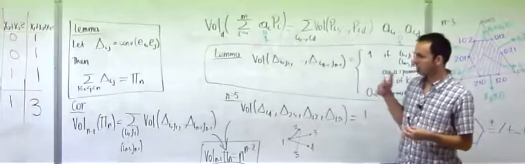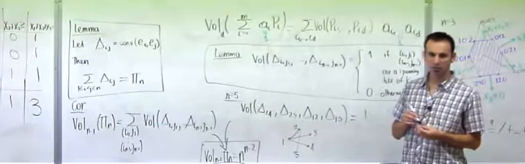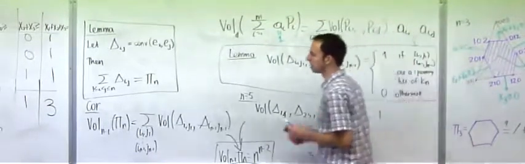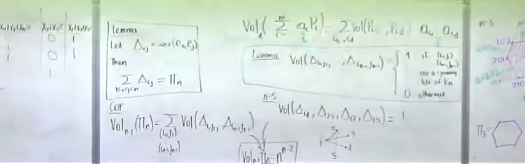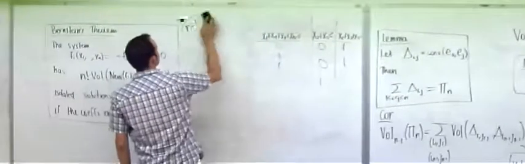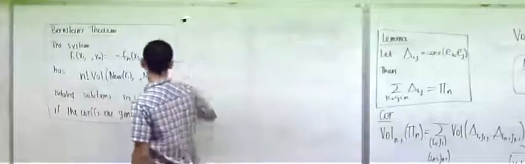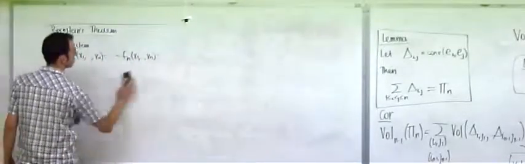But before we get to that, I want to give you just a short discussion on a subtlety that's kind of hiding here. And the point is a simple one, which is that when you compute volumes of things that are not full dimensional, then it can be a little bit tricky.